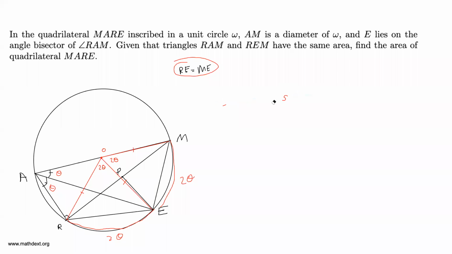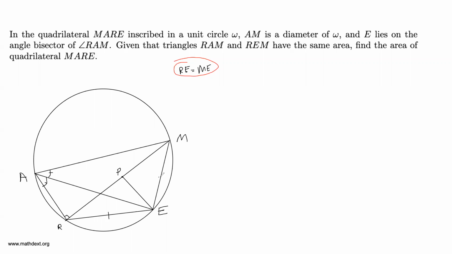Now that we have that, let me get rid of all these red marks that would be distracting to the diagram as we keep adding to it later in the problem. That's going to turn out to be pretty important. So we can mark RE is equal to ME.